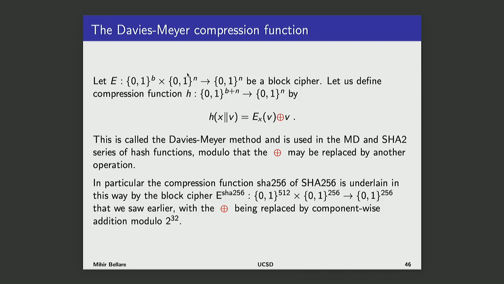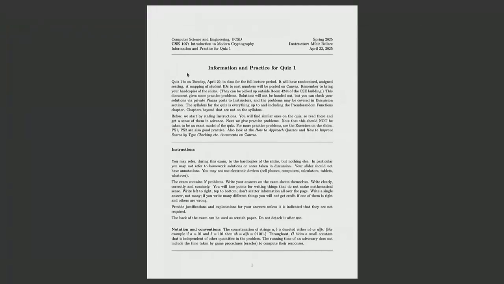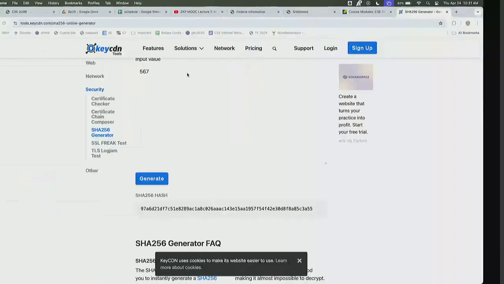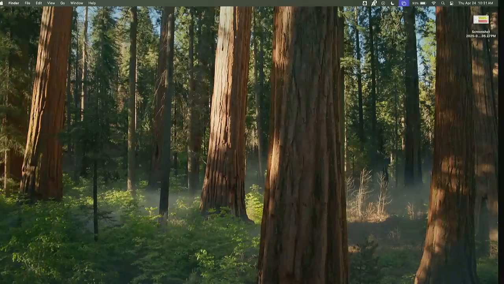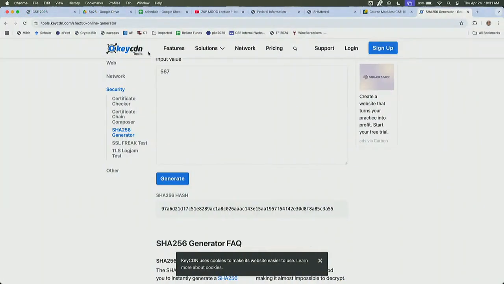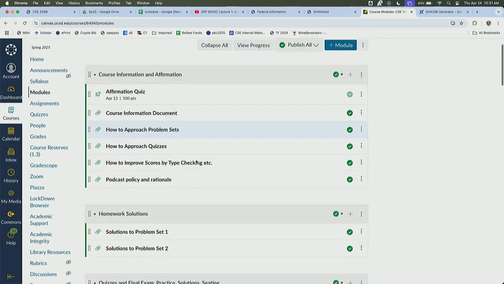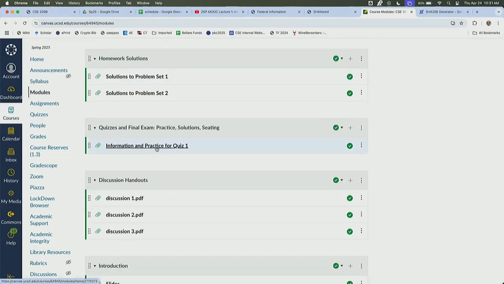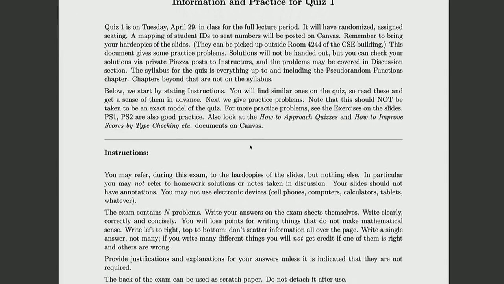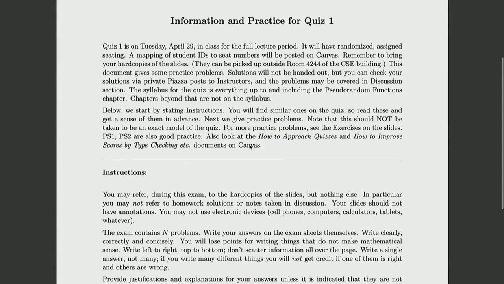Okay, so I think I better switch now. So what I wanted to do is talk about the practice quiz. So note that that's up here, right? So there was a document posted on that, and that gives you both information and practice problems. So it's next Tuesday, and for the whole class, and we will post seating assignments as soon as we can.